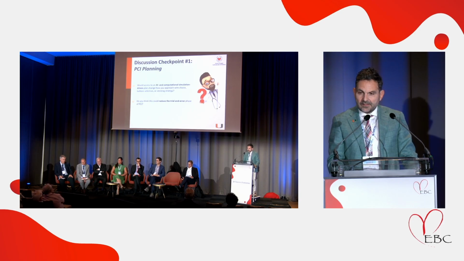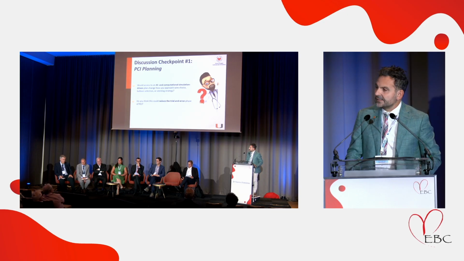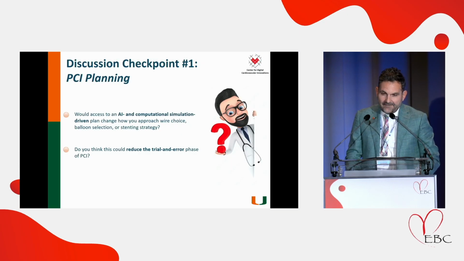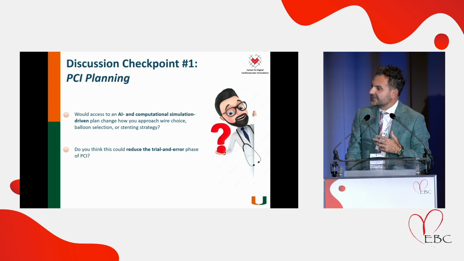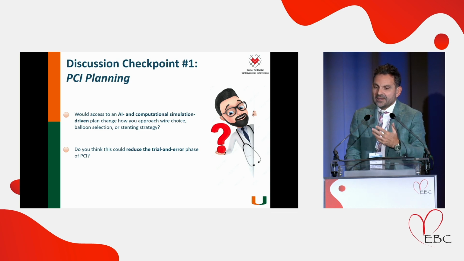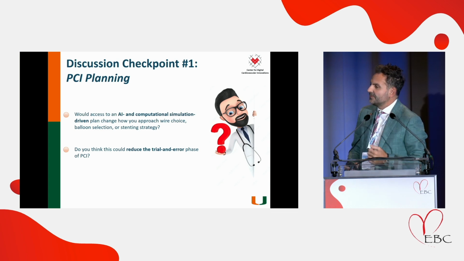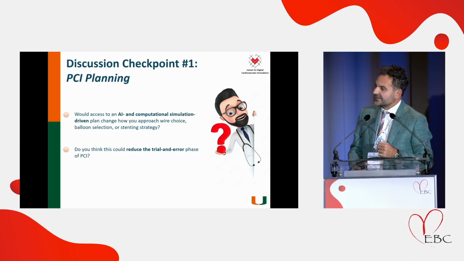I would like to ask Yves here, do you feel comfortable to just go ahead and do the PCI, or would you like to have some tool, some guidance from AI to tell you how to prepare the lesion, what stent strategy, what stent size?